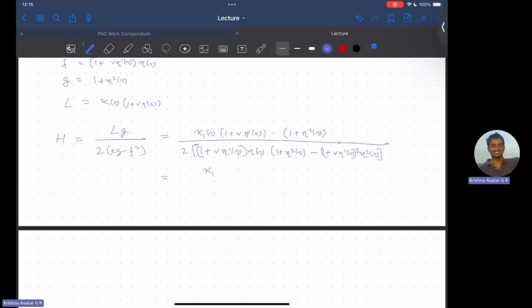We have kappa 1 of S times (1 plus eta square of S). Since we have 1 plus V eta prime in the numerator and denominator, this comes out to be 2 into 1 plus eta square of S.